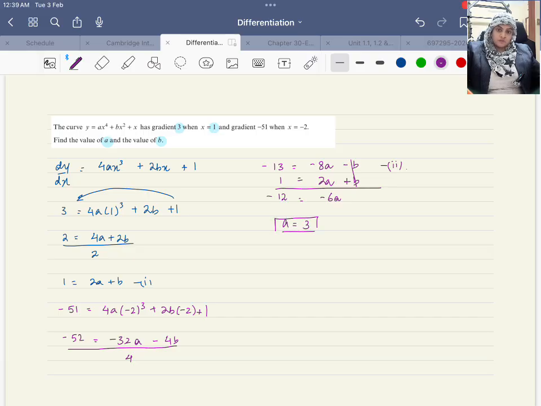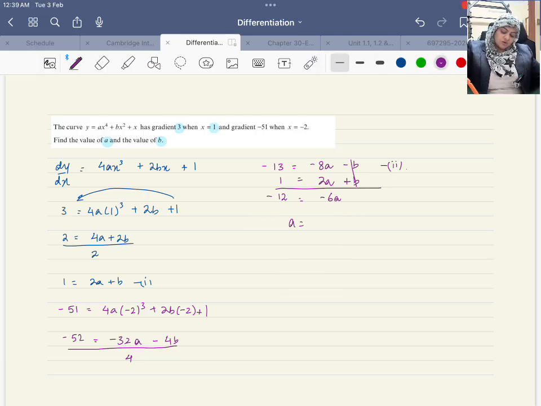Our work does not finish here because we have to calculate b also. I put a is equal to 3 in equation 1. 1 is equal to 2 into 3 plus b. I take this on the other side. Sorry, I made a mistake.